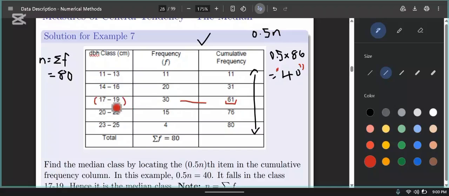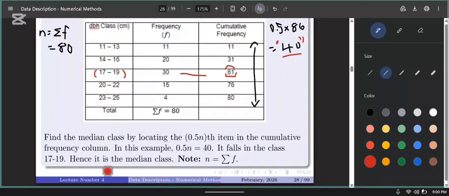So our median class is 17 to 19. That is where the 40 will fall. So you find the median class by locating 40 in the cumulative frequency column.